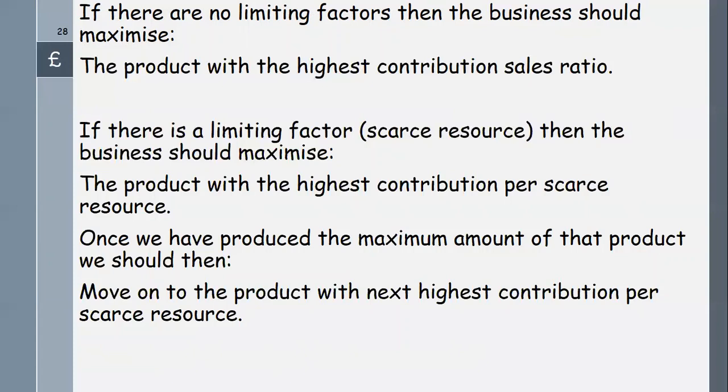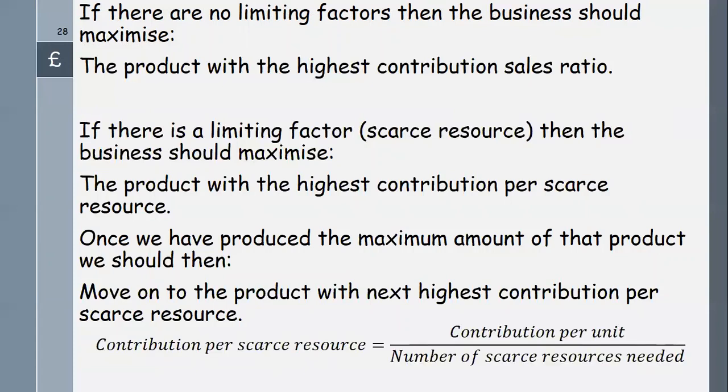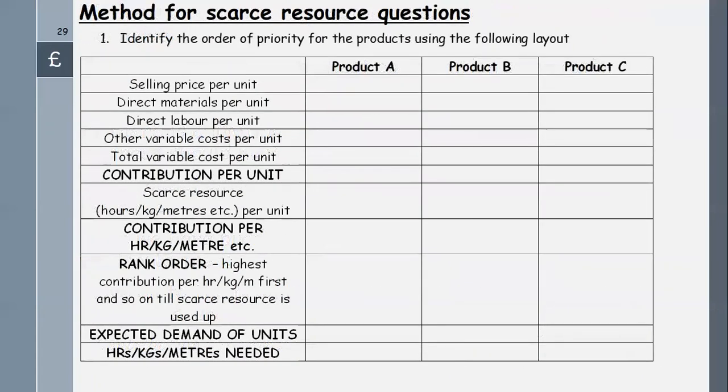In case you're wondering how to work out the contribution per scarce resource, you just do the contribution per unit as normal, divided by the number of scarce resources needed. So if my product gives me £40 contribution per unit, and it takes 2 hours to make, then I would say that's £20 per hour for that unit. There are three main stages for answering these questions.